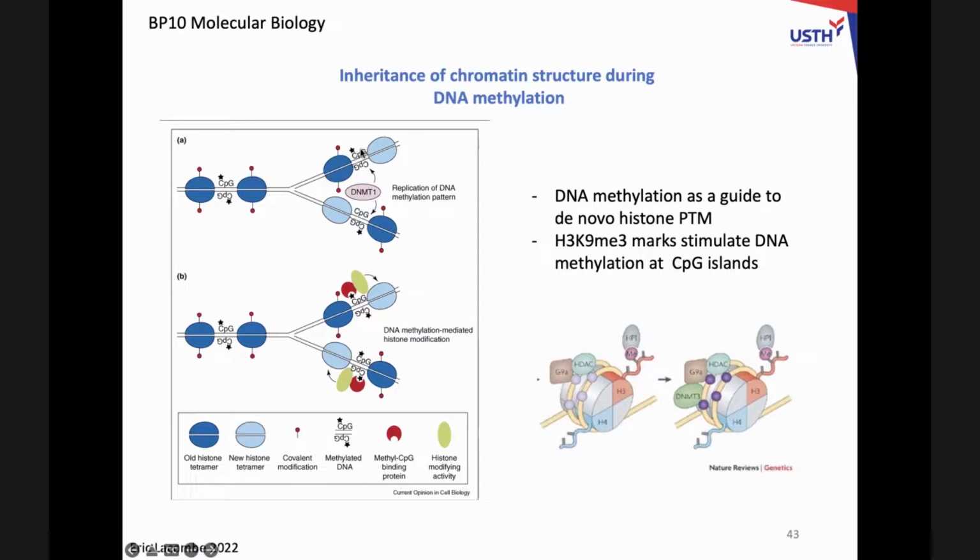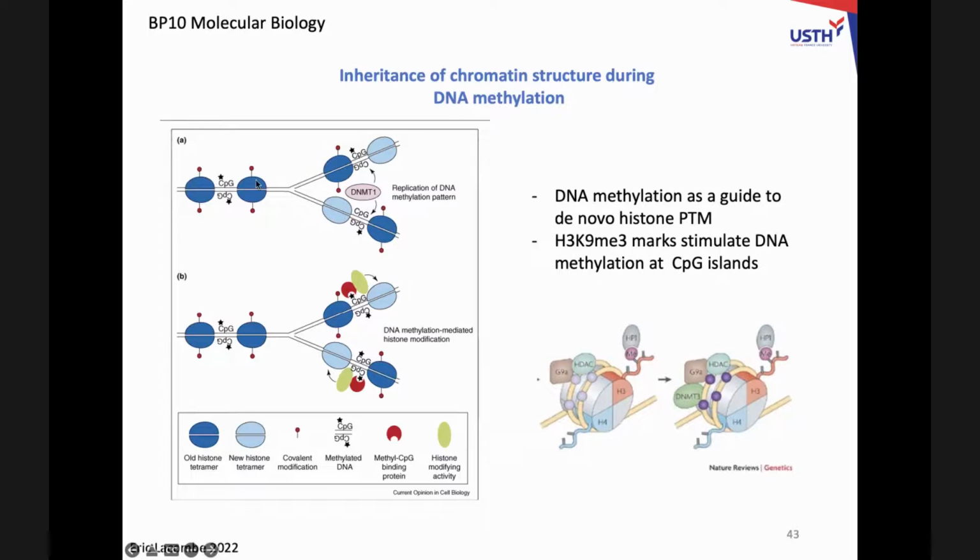So at that stage, one strand of DNA is methylated, the other strand not methylated. For the other double-strand DNA, it's exactly the same situation, one strand methylated and the other one not. From that, it's subsequent. The histones that were in a conformation of compaction will be redeposited on both strands, but you have new histones that need to form new nucleosomes.